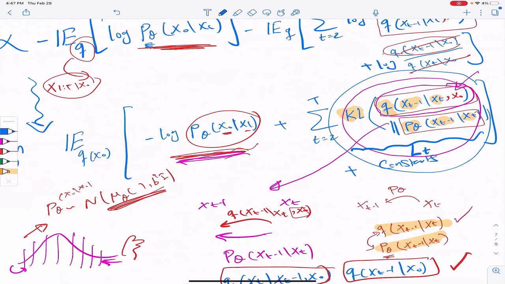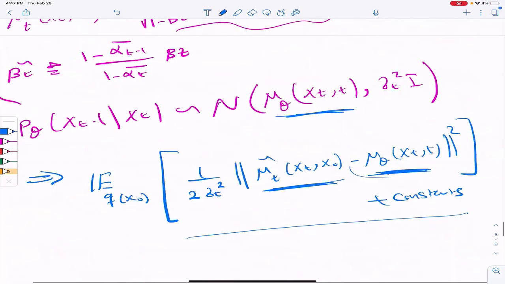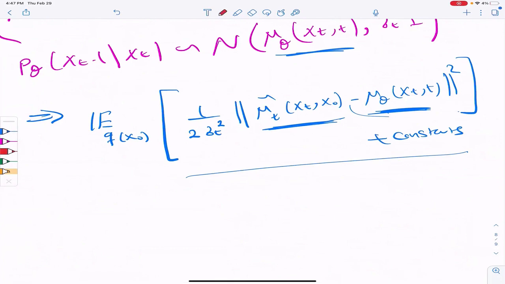So this random variable is a function of xt and x0. That's why in the mean here you have both xt and x0, but here you only have xt. Basically, you want to match the mean of your denoiser to this quantity that is a function of xt and x0.